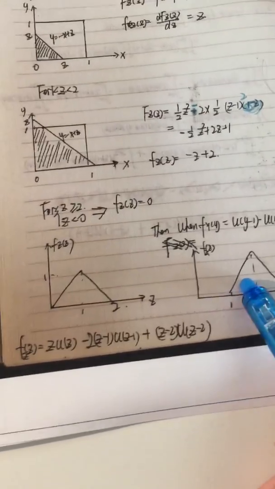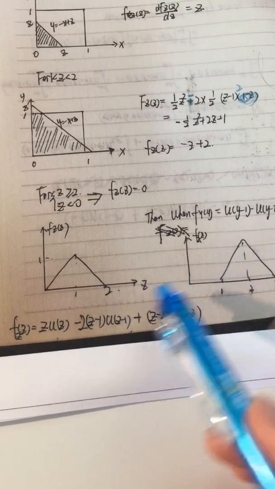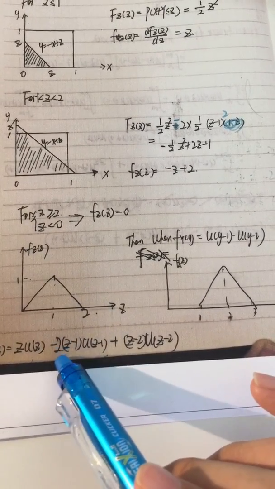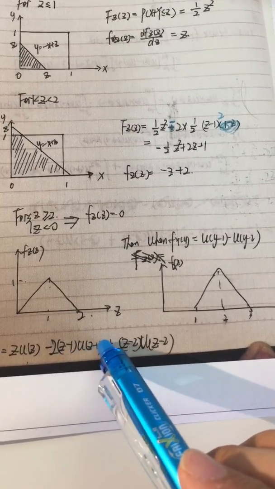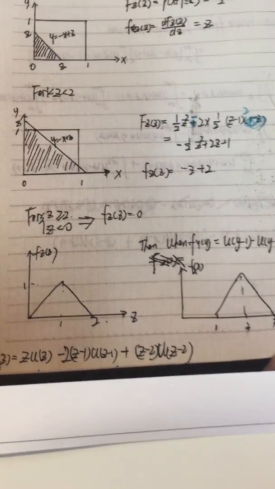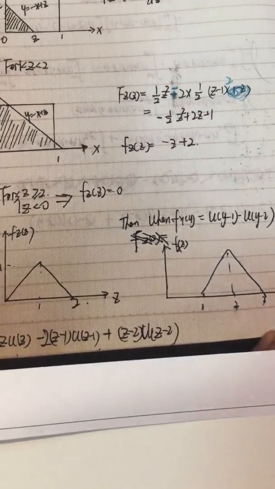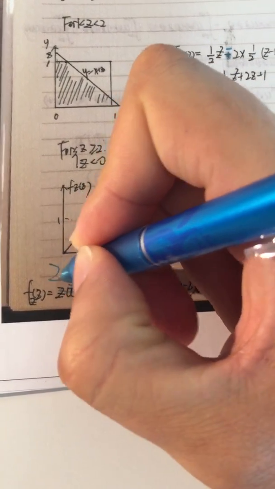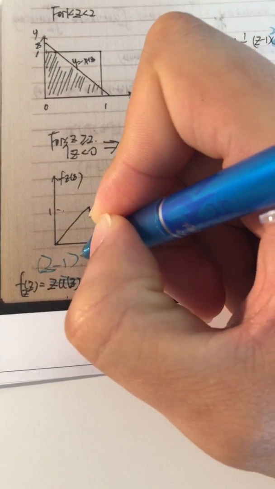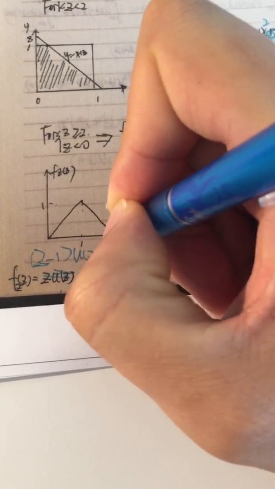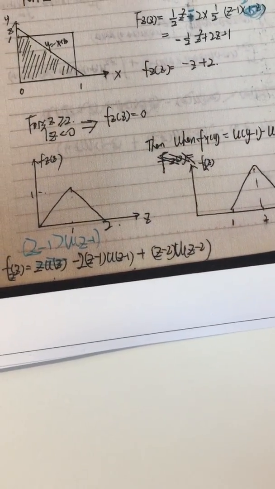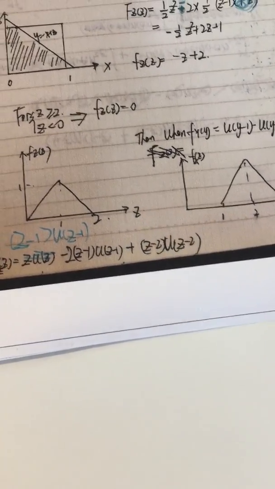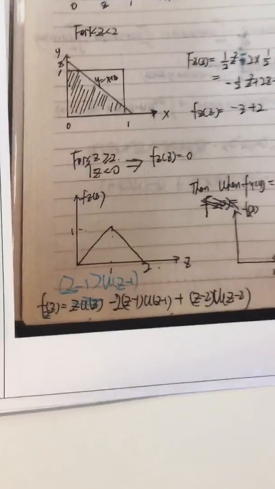So according to this, this should be equal to z minus 1 times u(z minus 1), and so on. Oh yeah, no, sorry.